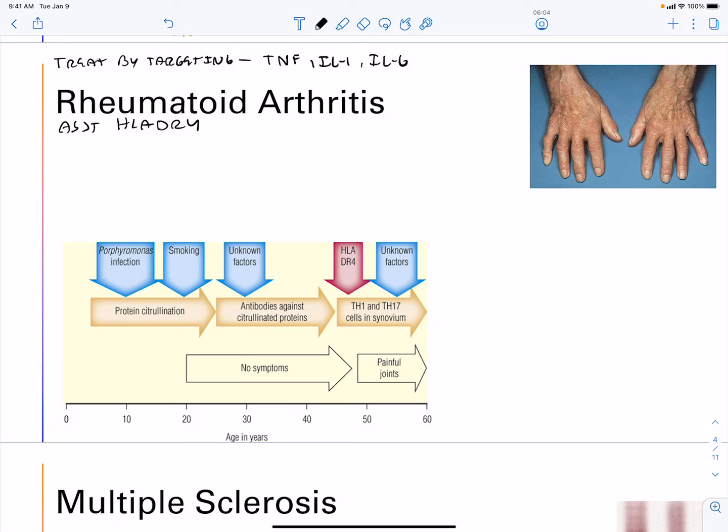Because basically the antigen doesn't go away, so you can continuously have triggering of the acute phase response. And in this case, you have the synovial membranes. And of course, these are lining the joints and tendons. They are going to swell and become disabling.